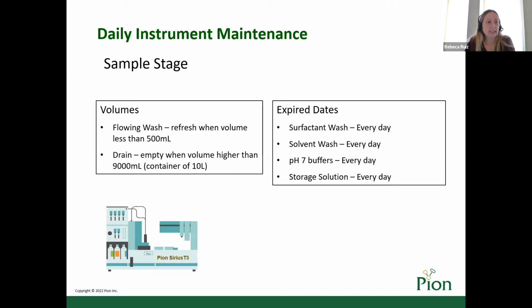So for instance, if the volume of the flowing wash container is lower than 500, it needs to be refilled. Or if the volume of the waste container or drain is higher than 9 liters, then it needs to be emptied.